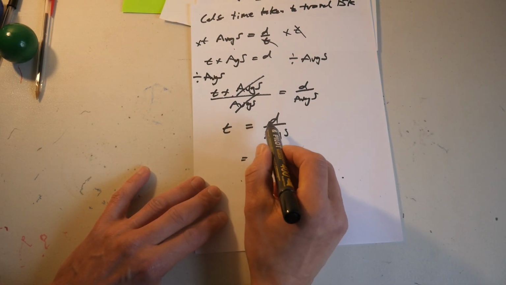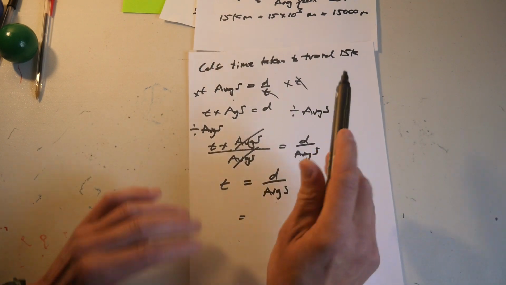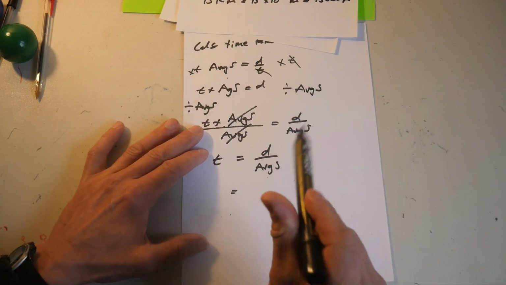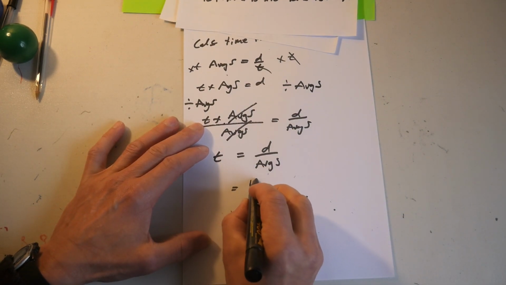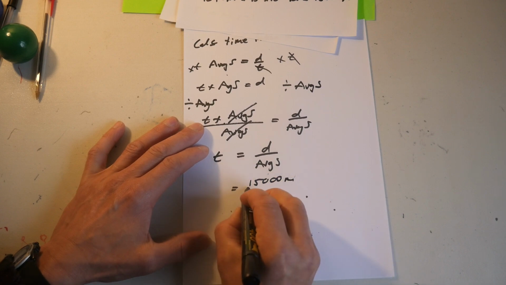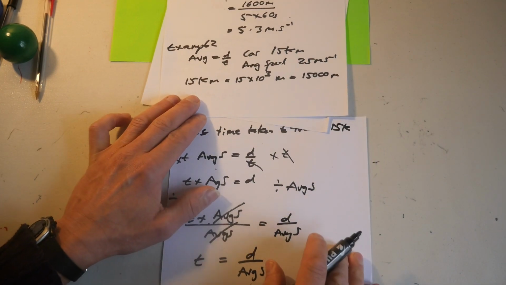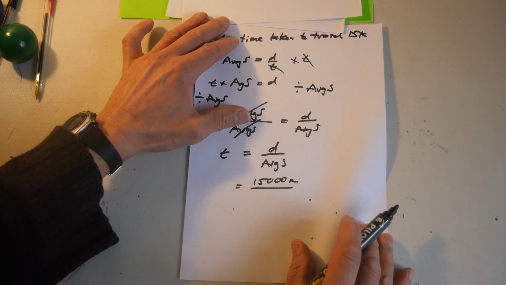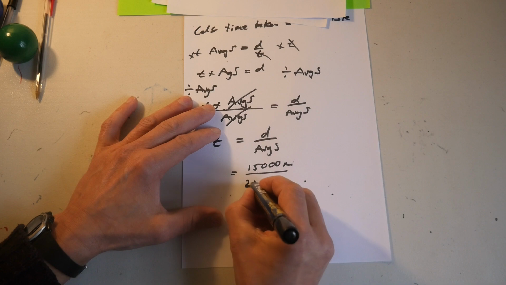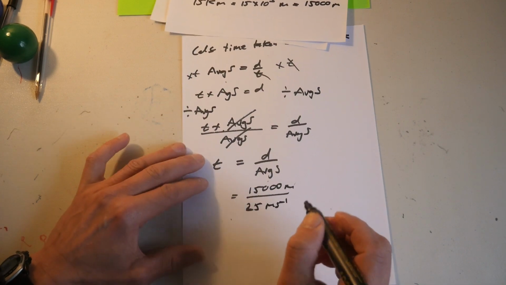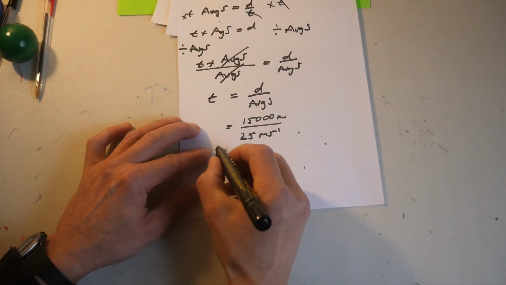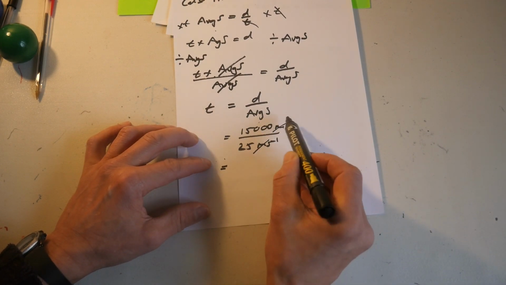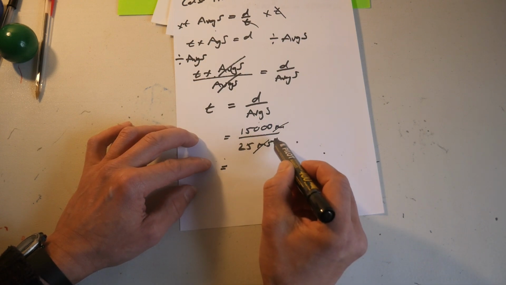So you can fill the bits in. The distance is 15,000 meters, okay? Divided by the average speed, 25 meters per second. Which comes out at, when you put that through your calculator, the meters cancel, m and m cancel to leave seconds.